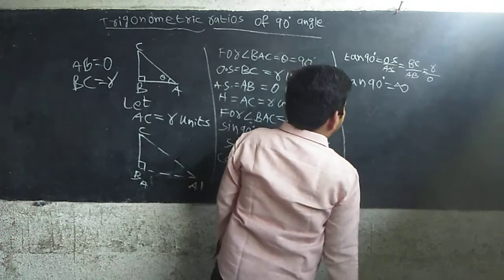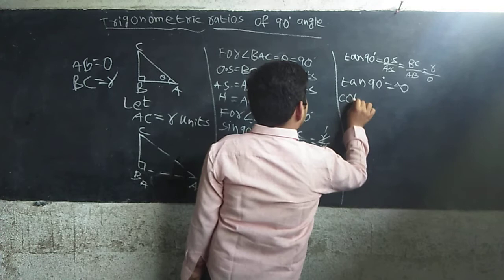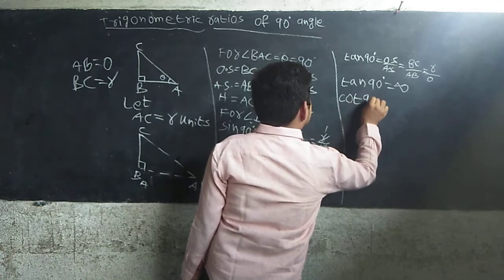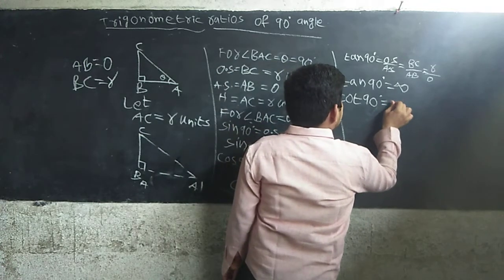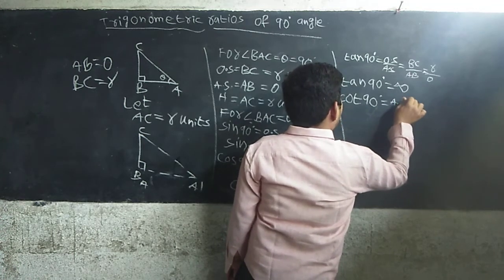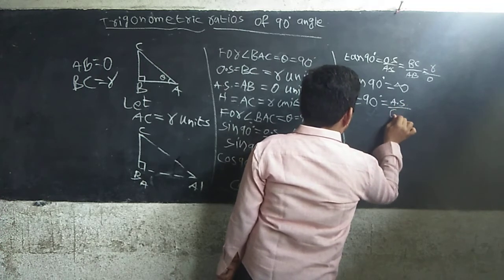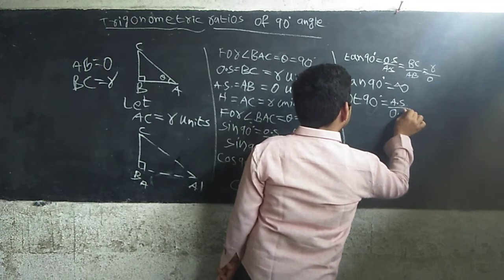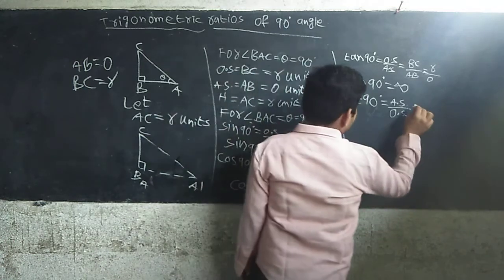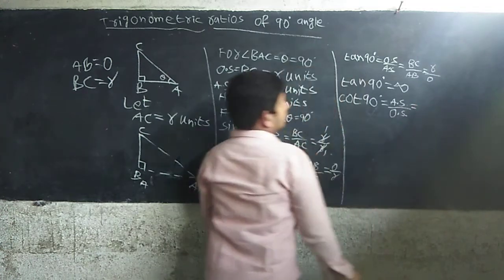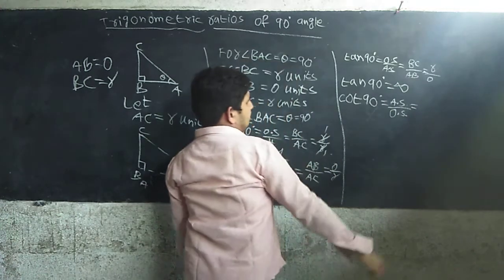Now cot 90 degrees equal to adjacent side by opposite side. That is AB by BC.